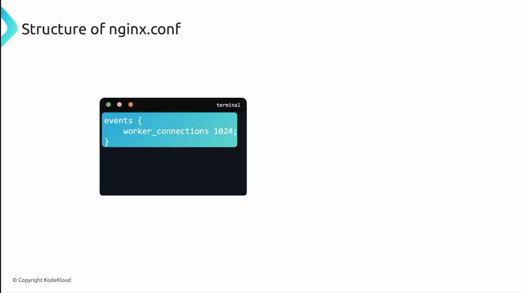Next is the events block, and this controls the network connections. Basically, the amount of simultaneous connections it can handle. It ties with the worker process that we just saw, the one that we set to auto. So in order to find out the total number of max clients, we need to multiply the worker processes, right?